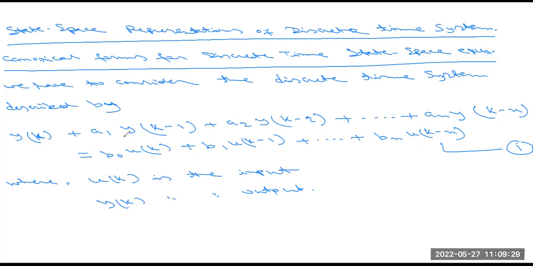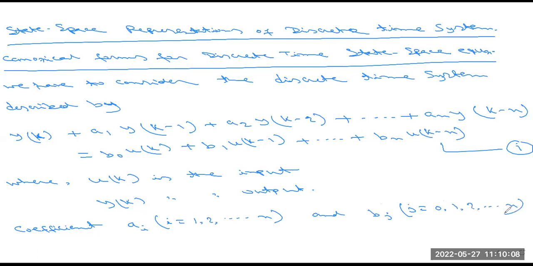Here the coefficients are a_i, where i is equal to 1, 2, up to n, and b_j, where j is equal to 0, 1, 2, up to n.